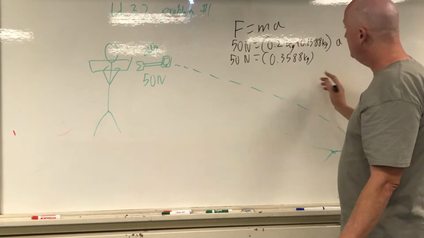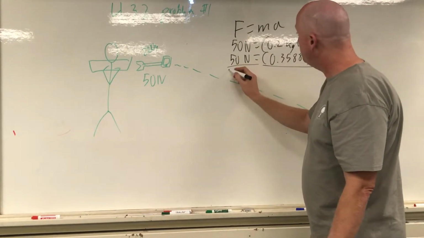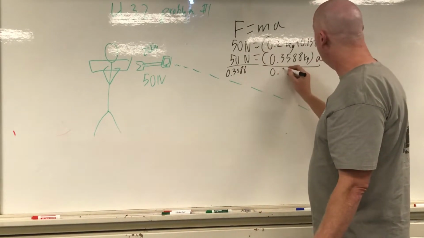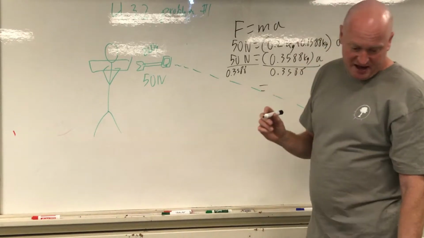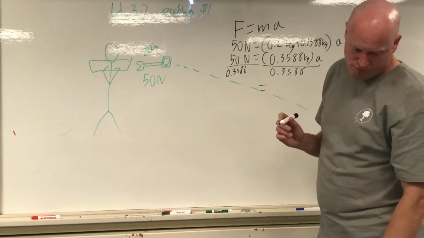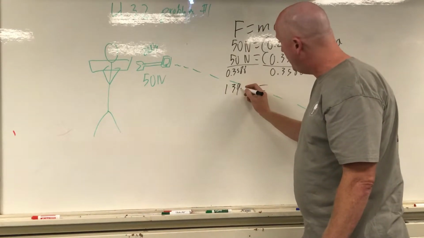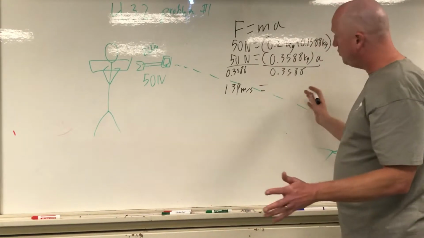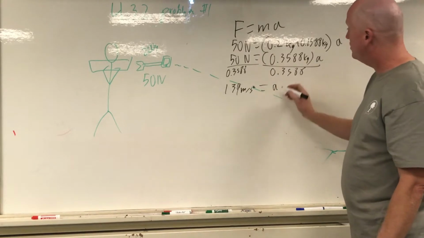Now, in order to get acceleration by itself, you got to divide both sides by 0.3588, and we find out that 139 meters per second squared is going to be equal to your acceleration.